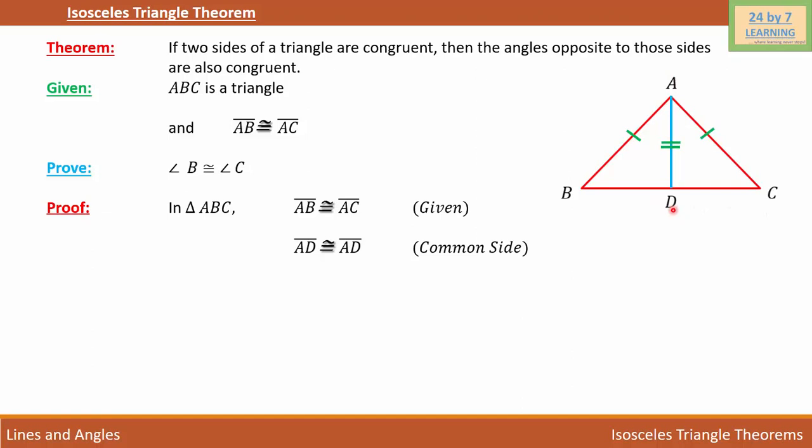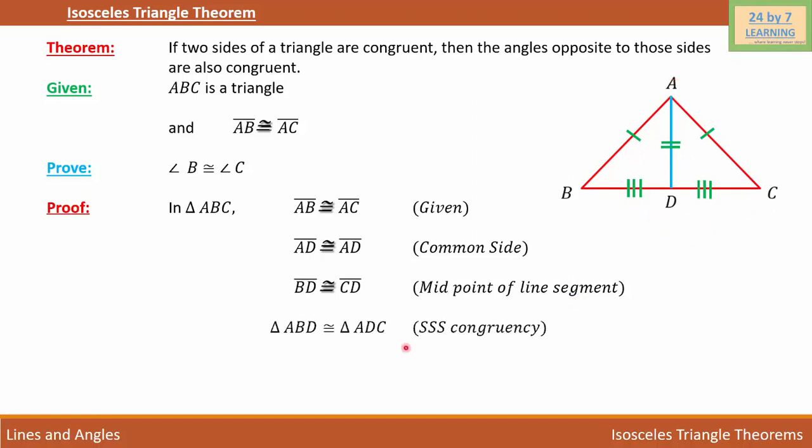Now we know that D is the midpoint of BC, so BD is congruent to DC because D is the midpoint of the line segment. So as you can see, all three sides of the first triangle, triangle ABD, are congruent to all three sides of the second triangle, ADC.